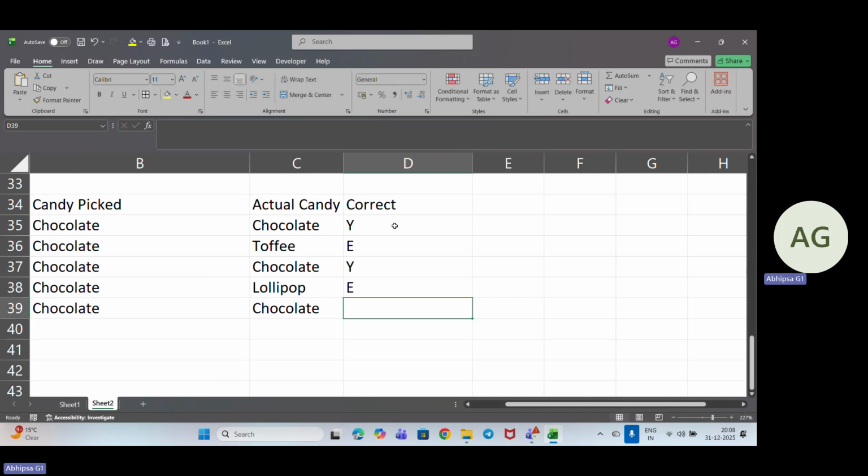Again, chocolate and chocolate, then it's yes. So the total yes, that is chocolate picked up, is 5, and the correct pick is 3. So the number of yes that we are getting is 3. So the precision is 3 by 5 into 100. That is giving us 60%. So precision is equal to 60.